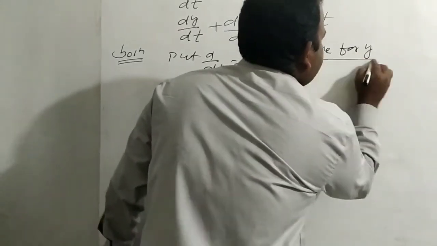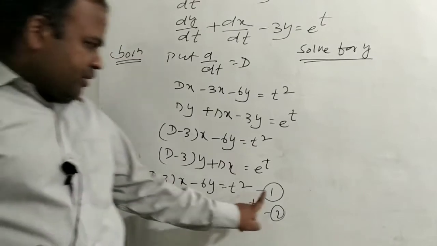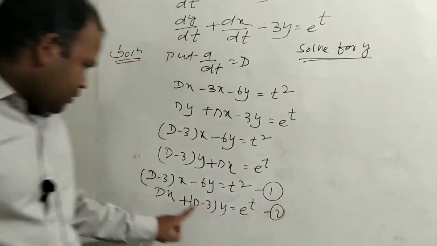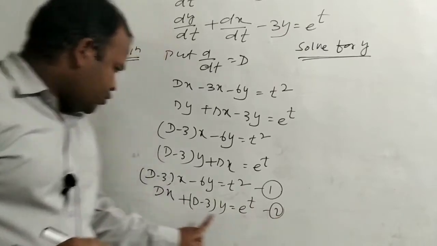Suppose we solve for y. To solve for y, we eliminate x. In equation number 1, what is the coefficient of x? D minus 3. In equation number 2, what is the coefficient of x?